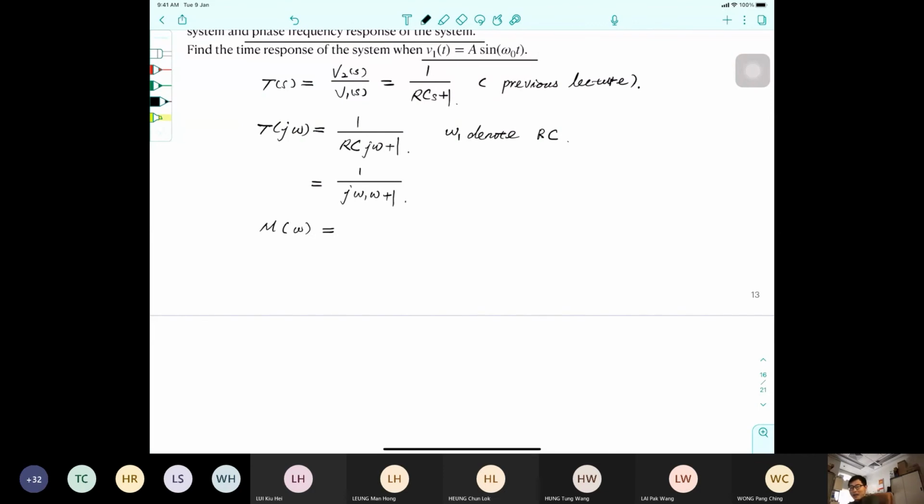Let's see how to calculate this. This is a complex number, right? And we can calculate like this.